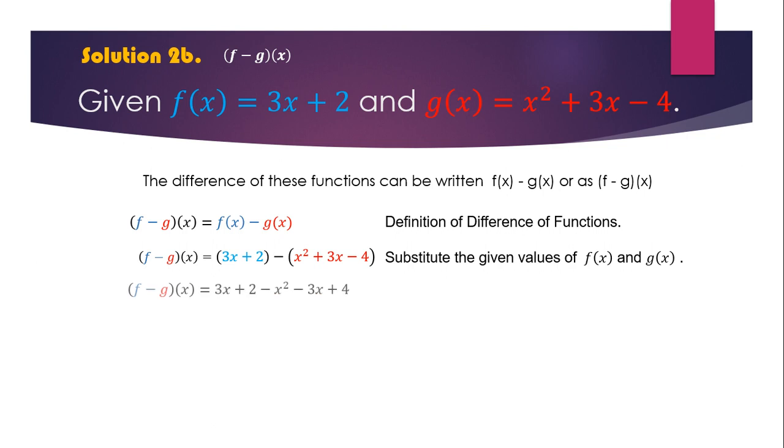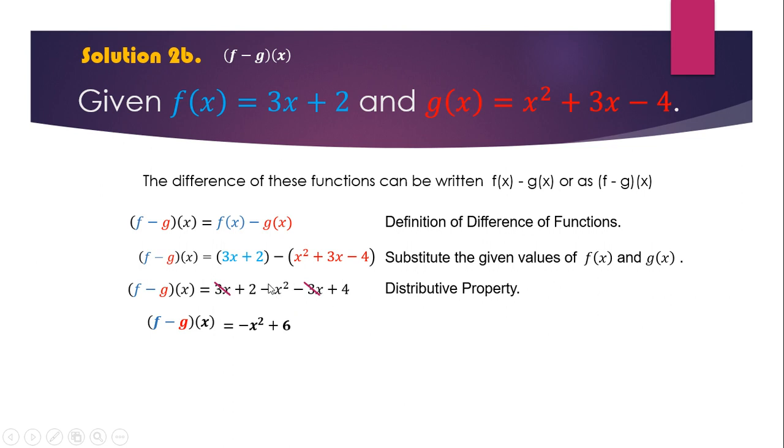Then after that, to remove the parentheses, we're going to apply the distributive property. Copy 3x plus 2 and then multiply negative 1 inside the parentheses. That will become negative x squared minus 3x plus 4. Then simplify by combining like terms. Since 3x and negative 3x are opposite signs, it is equivalent to 0.